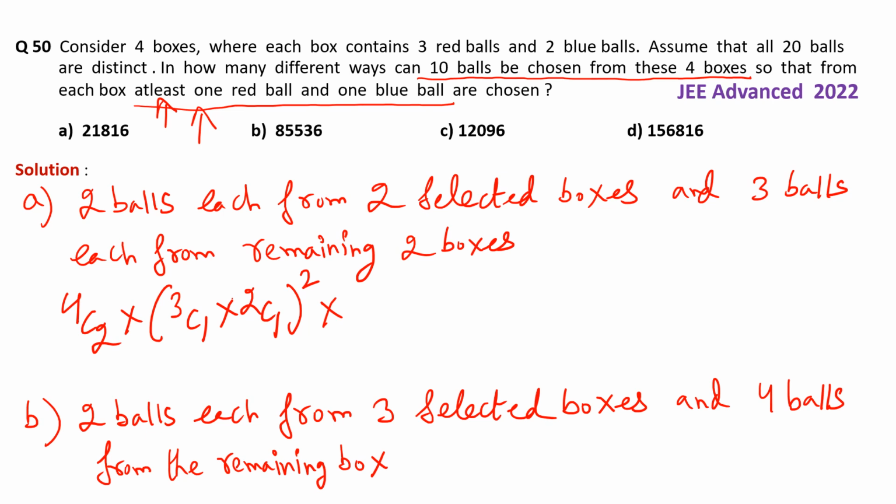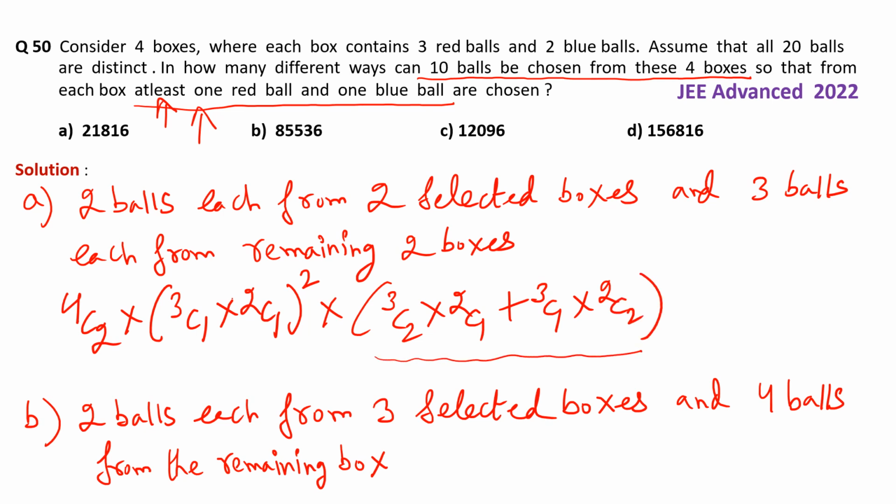So this can be done in 3C2 into 2C1 plus 3C1 into 2C2 ways. This is true for one such box, and we will have to repeat it for another box also, so it becomes the whole square of this value.